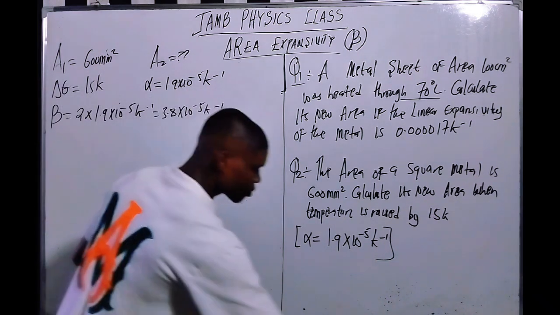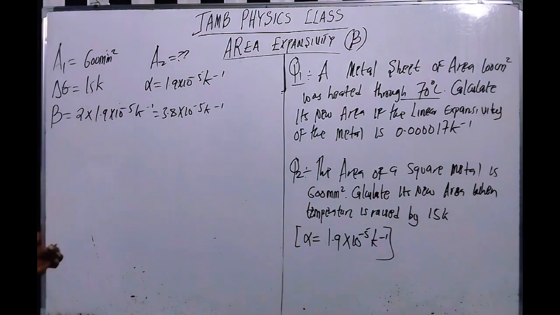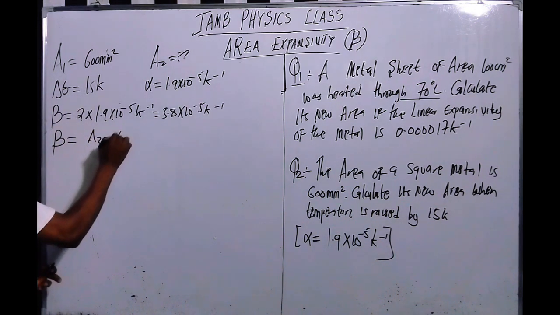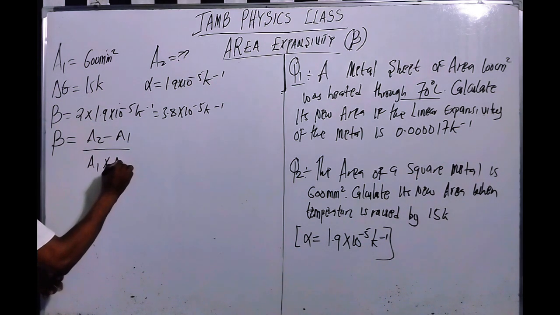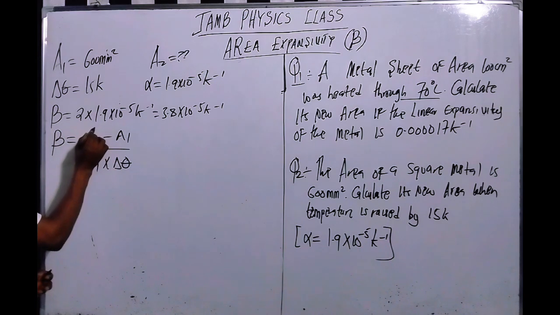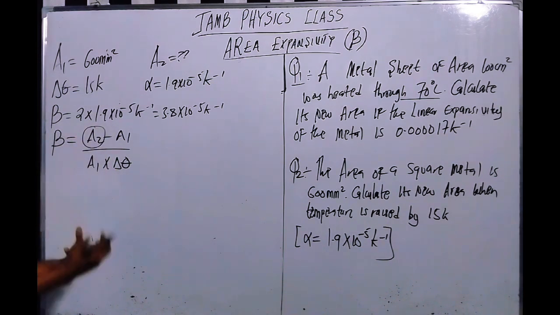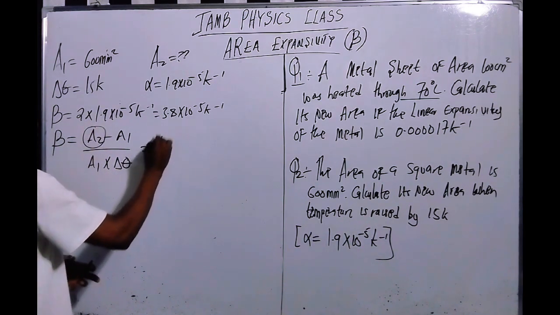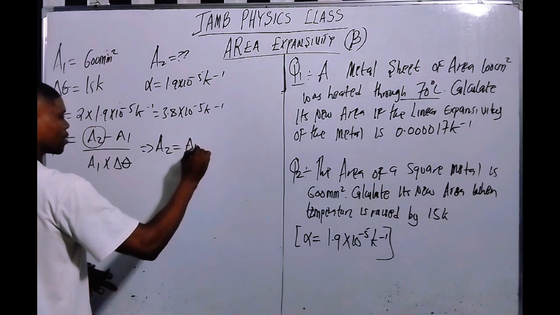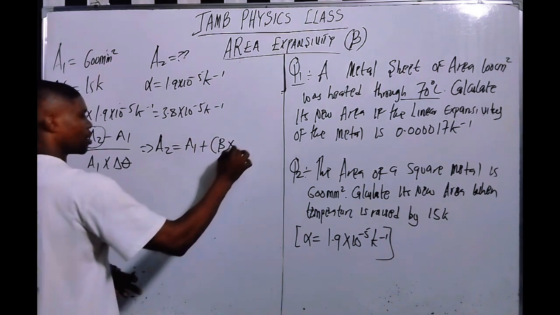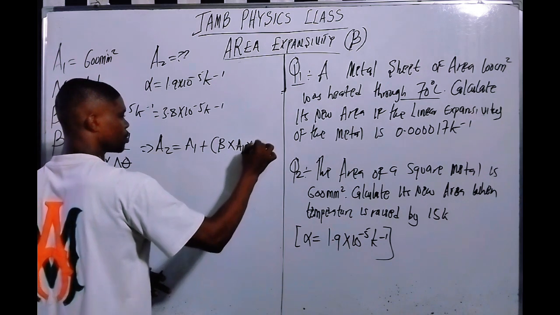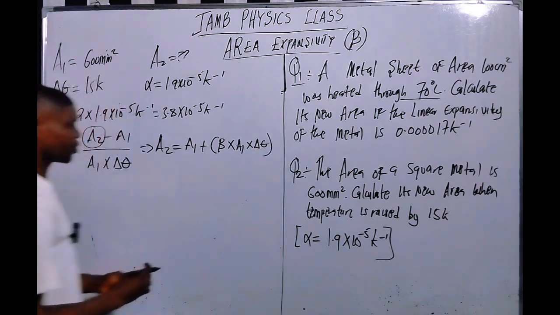Remember, beta equals A2 minus A1 over A1 times change in temperature. If you make A2 the subject of the formula, which I've already done, it's going to be A2 equals A1 plus beta times A1 times the change in temperature, right?